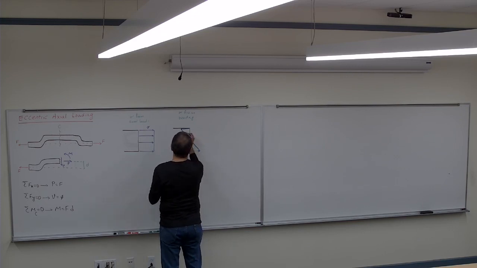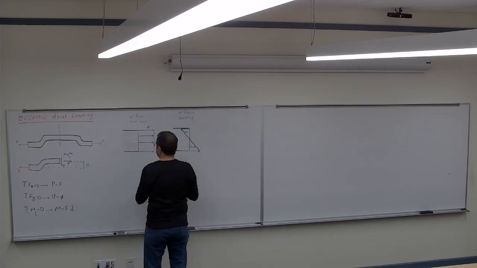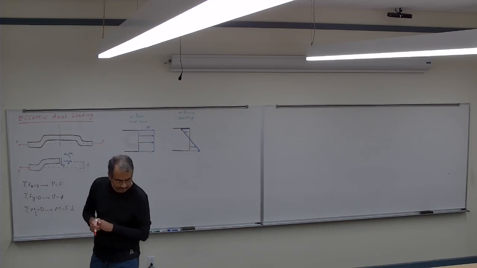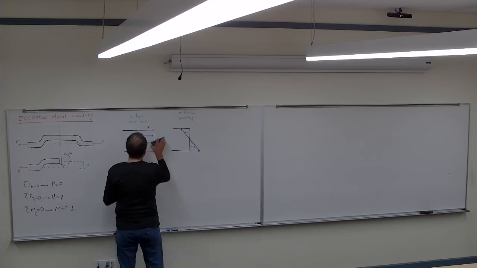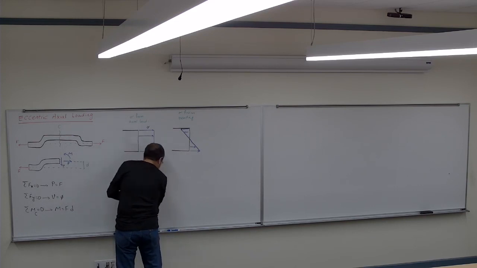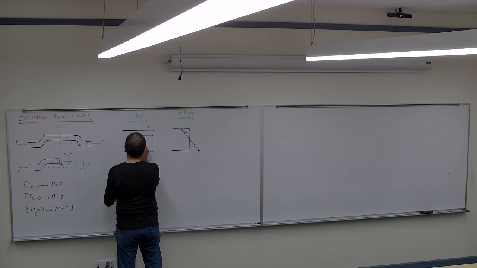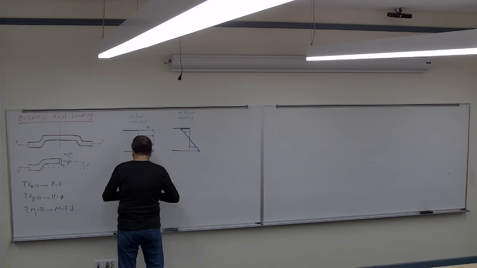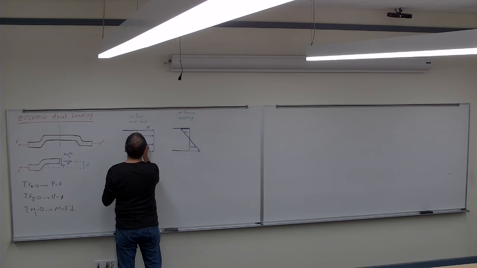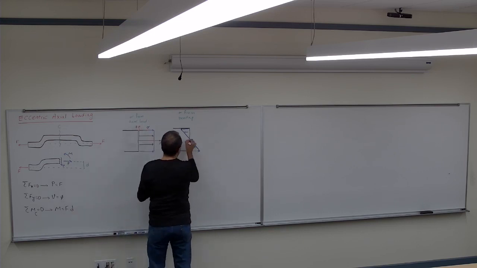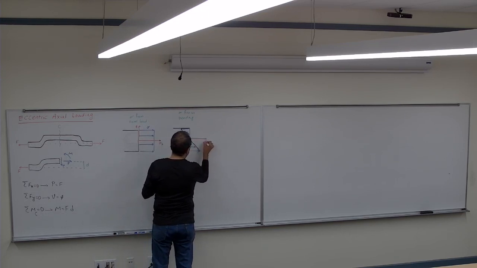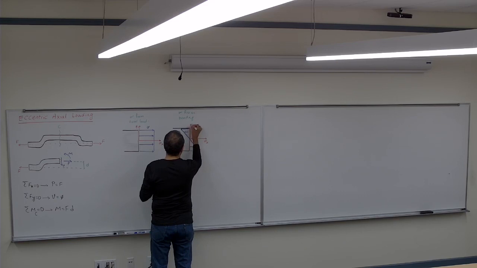So it's going to be, if I consider my axis here, x is going to be sigma x, it's going to be y, then here it's going to be sigma x, it's going to be y.